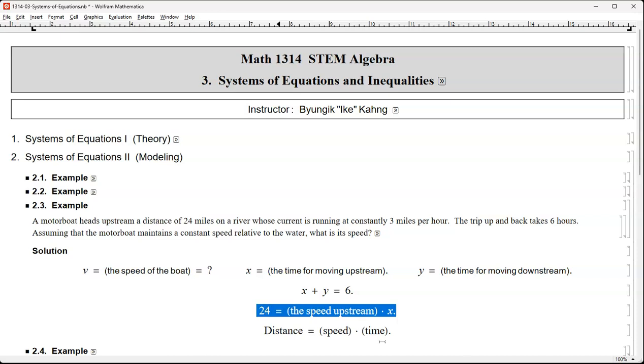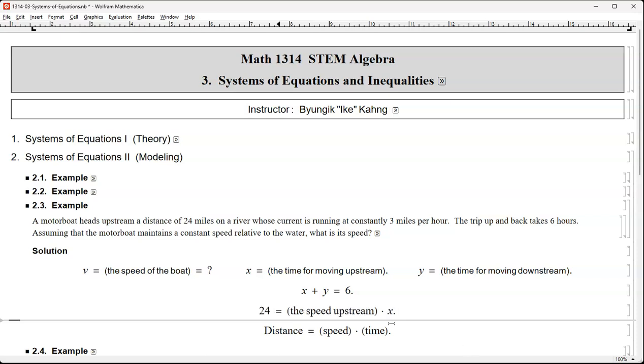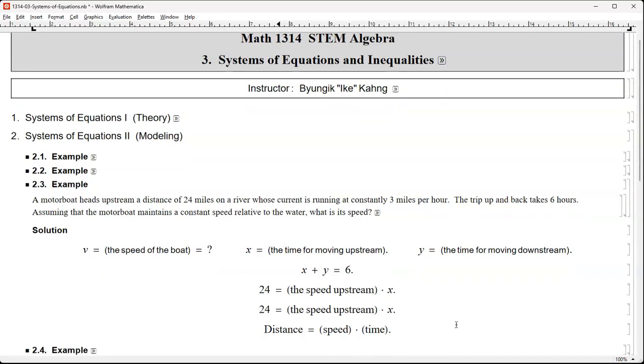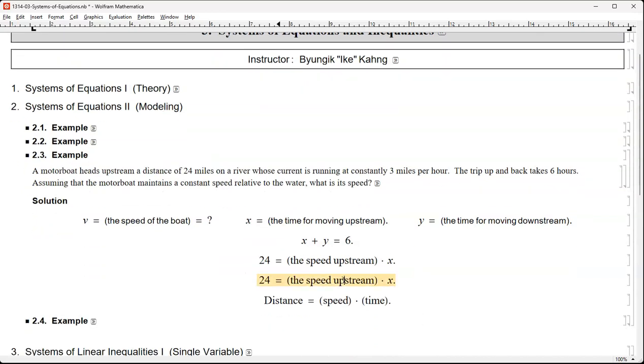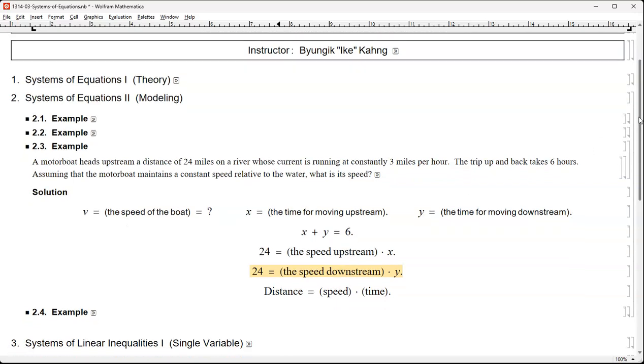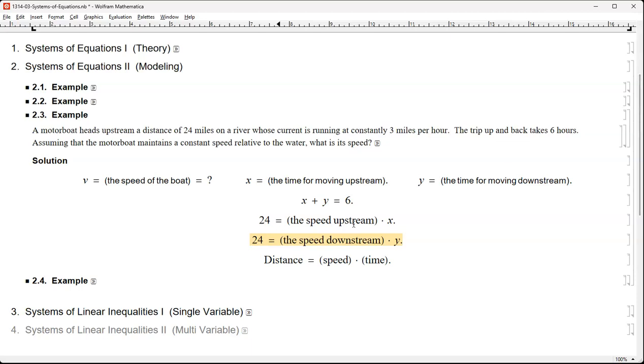And then by the very same idea, you're going to get this: the speed of moving downstream times y. They're both 24 miles. Now, what is the speed upstream and speed downstream in relation to the speed of the boat itself? If you answer that, then you're going to get the setup.